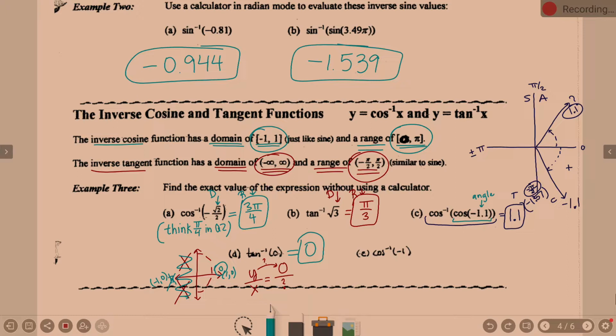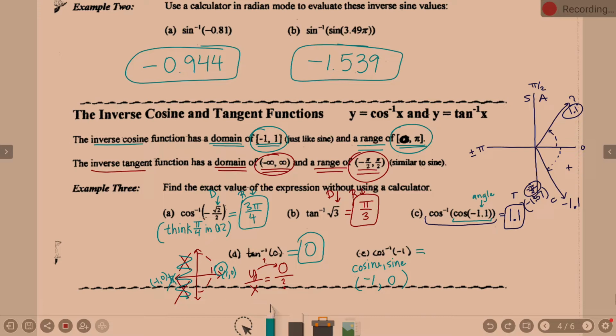Okay. So we want to know, in an ordered pair, cosine, sine, when does cosine equal negative 1? So basically, you're looking for the ordered pair negative 1, 0. Where does that happen? Negative 1, 0 is at? Where?